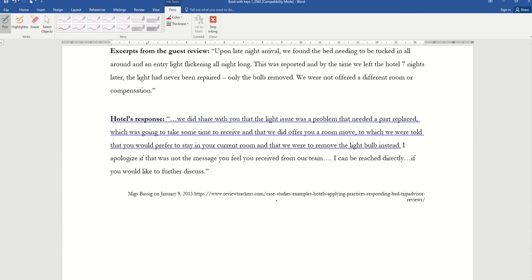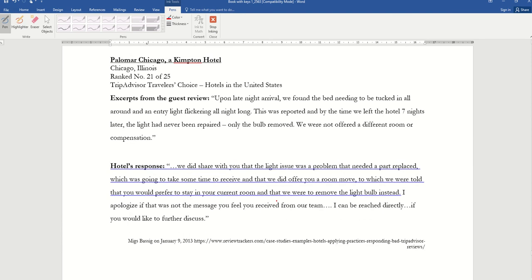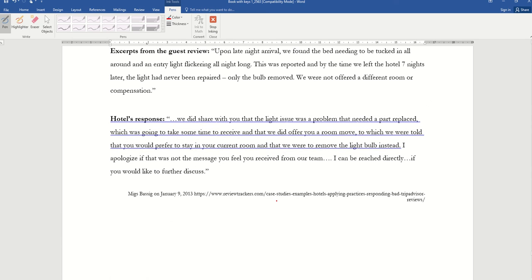We did share with you that the light issue was a problem that needed a part replaced, which was going to take some time to receive, and that we did offer you a room move, to which we were told that you would prefer to stay in your current room, and that we were to remove the light bulb instead.